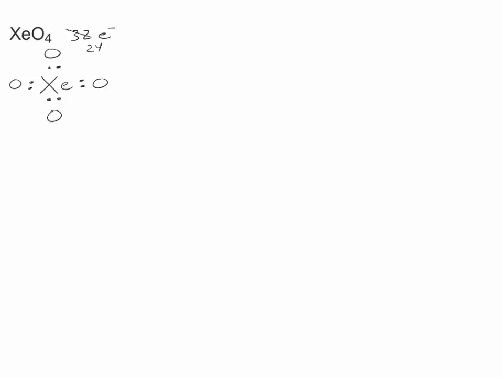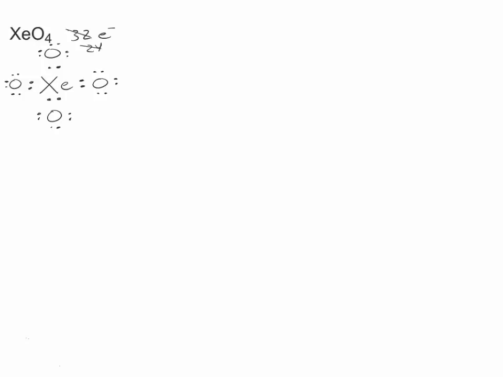I add them to the most electronegative element, which would be the oxygen. And I do this systematically: 2, 4, 6, 8, 10, 12, 14, 16, 18, 20, 22, 24. I'm out of valence electrons.